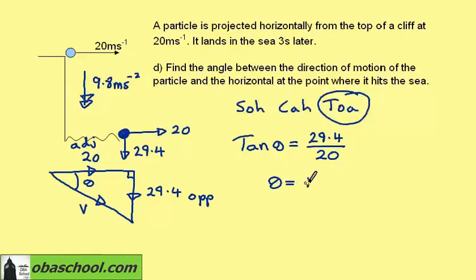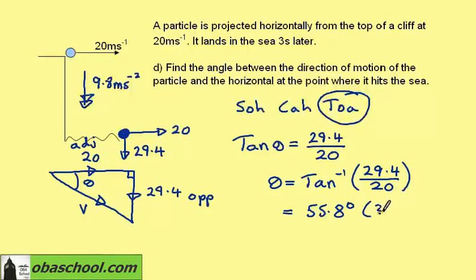So theta is the inverse tan, or shift tan on the calculator, of 29.4 divided by 20. And this is 55.8 degrees, correct to 3 significant figures.